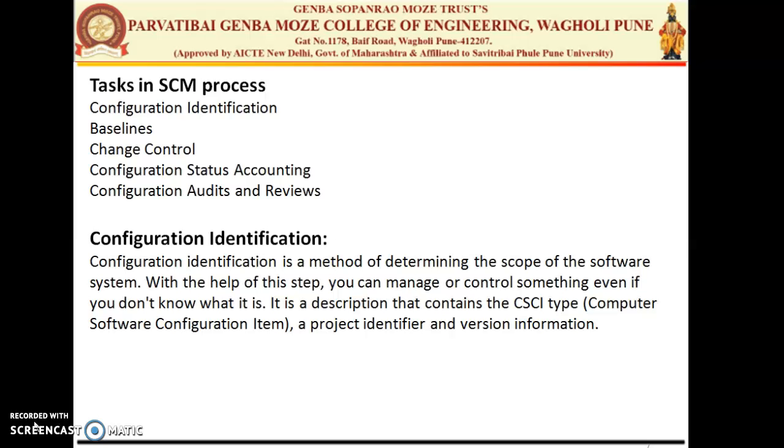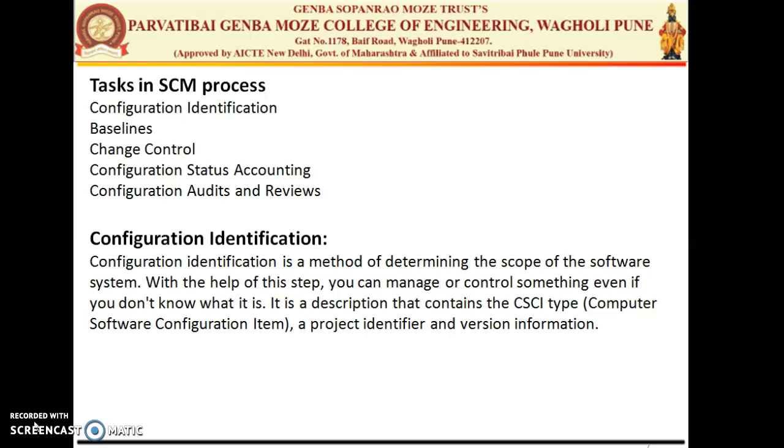So we have the software configuration management process layers. There are 5 layers in software configuration management. The first one is the SCIs. SCI is nothing but the software configuration items, which are collectively called the software configuration. So the small items reside under the software configuration.